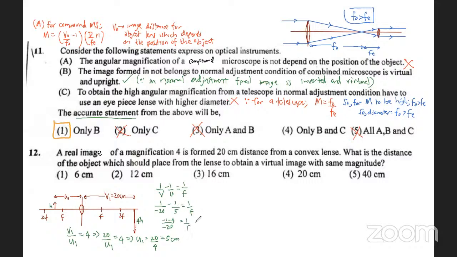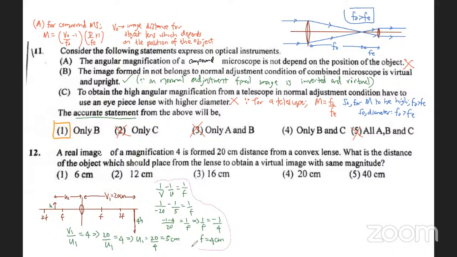That is equal to 1 over f. Wait, something is wrong. The minus 1 comes at the bottom. So what is 1 over f, people? Minus 1 over 5, because this is minus 5 over 20, that's minus 1 over 4. So f is equal to 4 centimeter. We have a convex lens of 4 centimeter focal length.